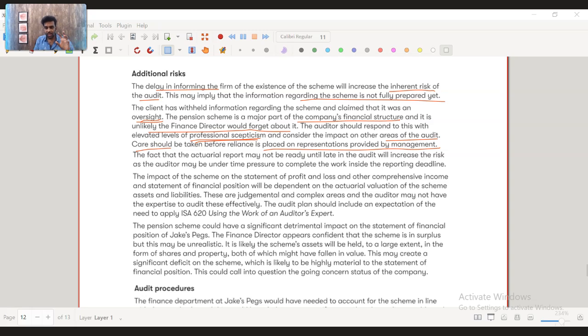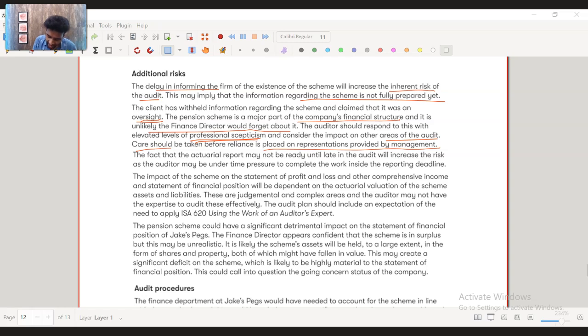So before using any data provided by the management, the auditor should be very careful, because they are claiming that there was an oversight, but technically such issues should not have happened. So there is something going wrong, which means we should be a little more careful while we are pursuing the audit.